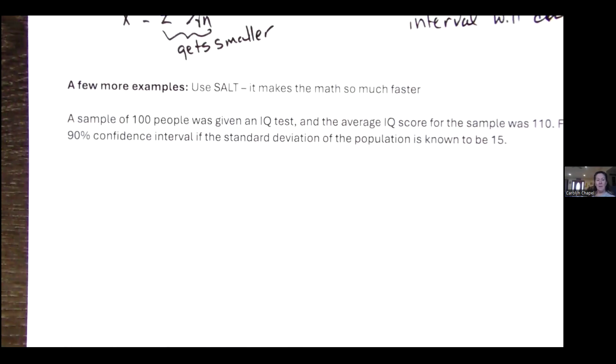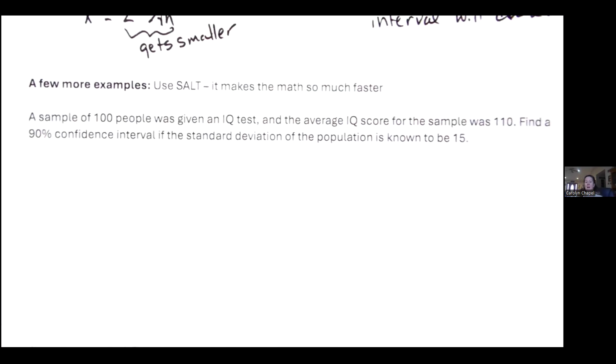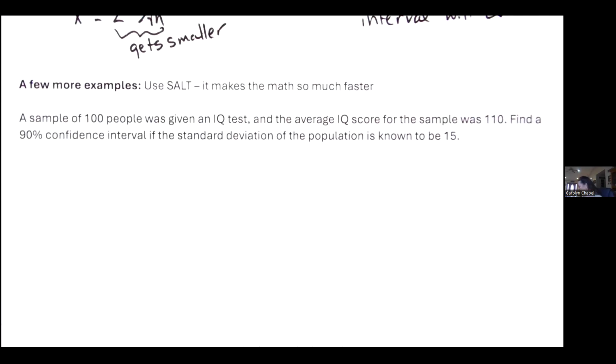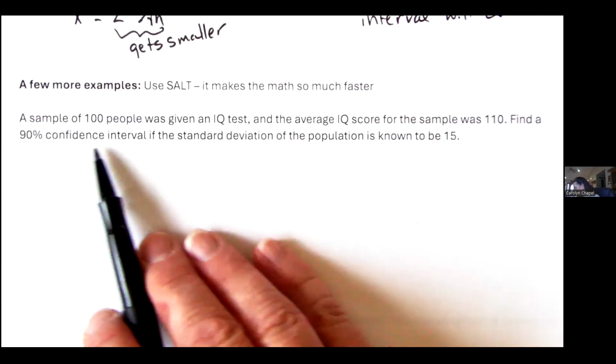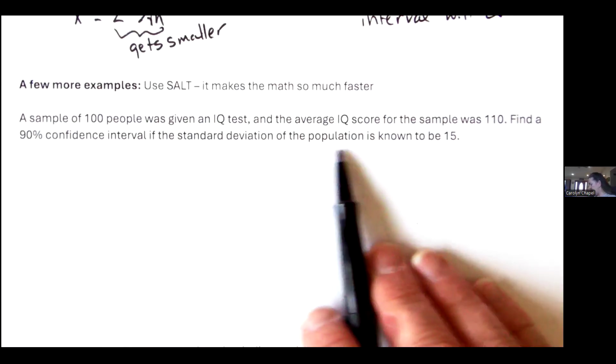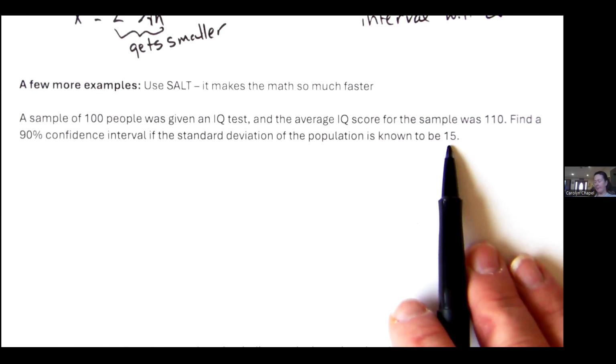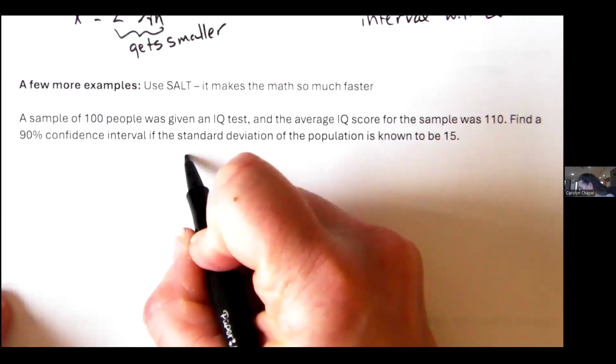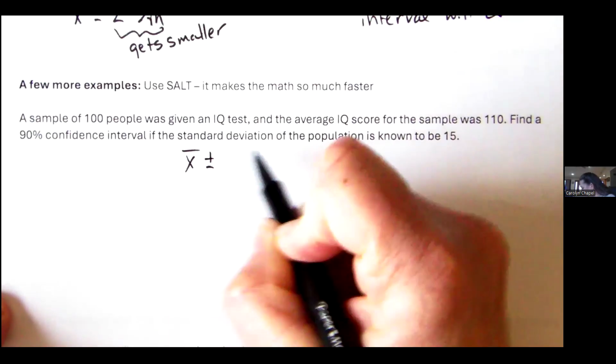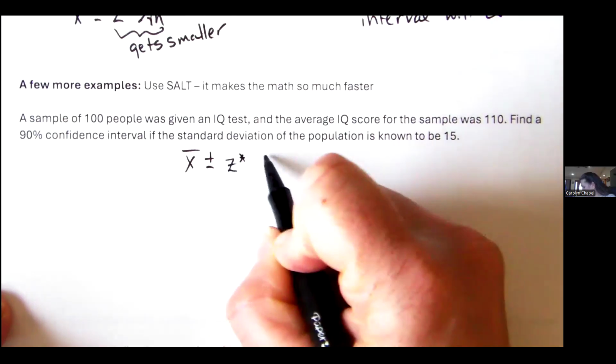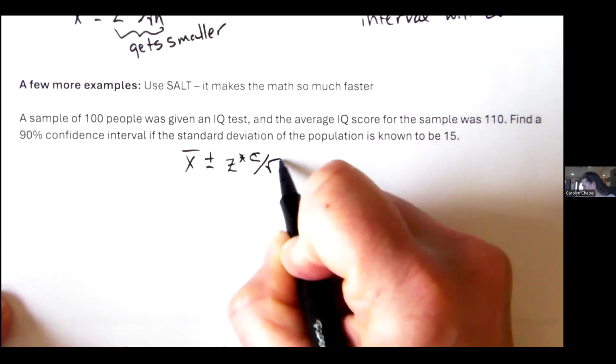Okay, so let's say we have 100 people who were given an IQ test. The average IQ score turned out to be 110. We want to find a 90% confidence interval if the standard deviation of the population is 15. So again, if we wanted to do it by hand, we easily could calculate the pieces.